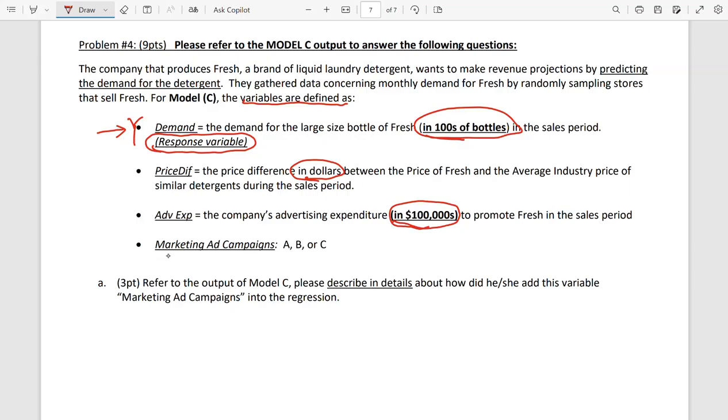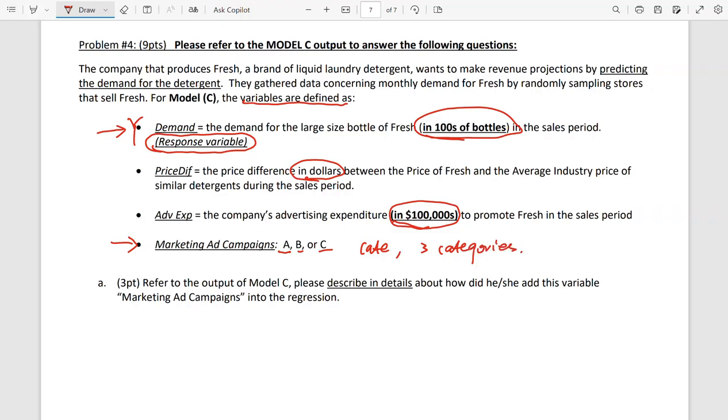And then next one is the marketing ad campaigns, A, B, or C. When you look at this variable, it's kind of weird, because it is not real numbers, it's just A or B or C. So that means this variable is a categorical variable with 3 categories.